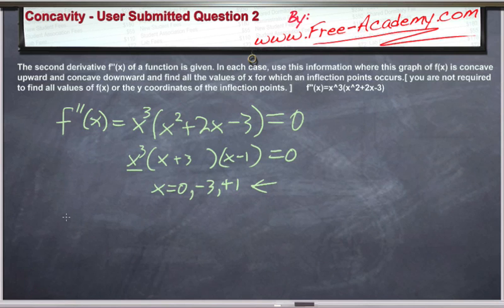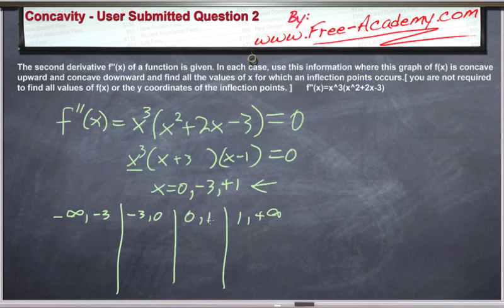Now we need to set up intervals to actually determine this for sure. We'll have an interval from negative infinity to negative 3. Then we'll go from negative 3 to 0, from 0 to 1, and from 1 to positive infinity.